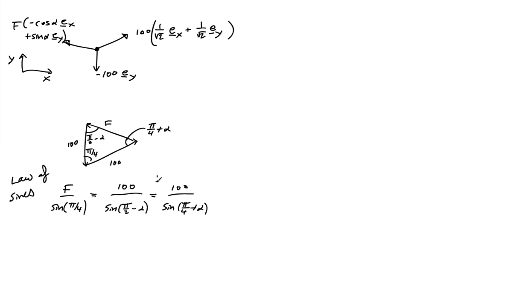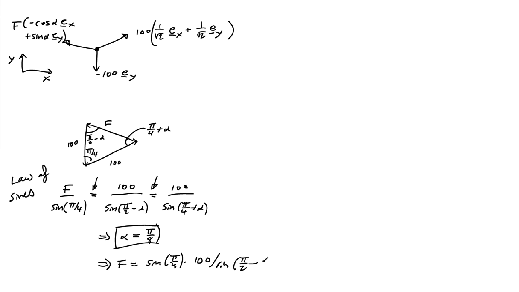Using the second equality, alpha has to equal pi over 8. Once I know alpha, I can use the first equality, which tells me that F is equal to the sine of pi over 4 times 100 divided by the sine of pi over 2 minus alpha, which is equal to 76.5 newtons. So that's one way of doing this.